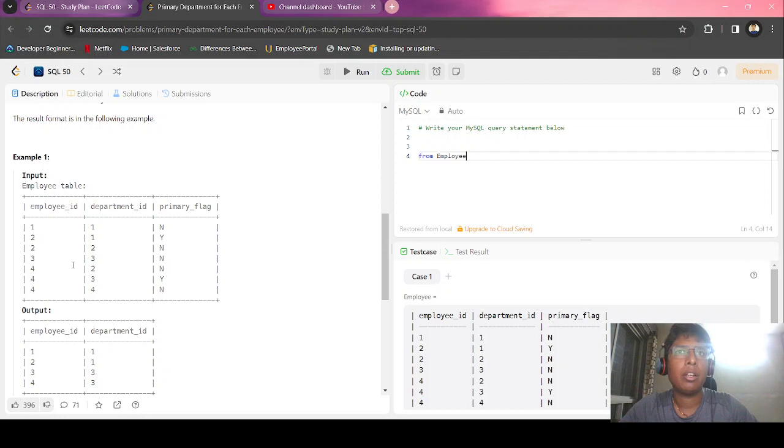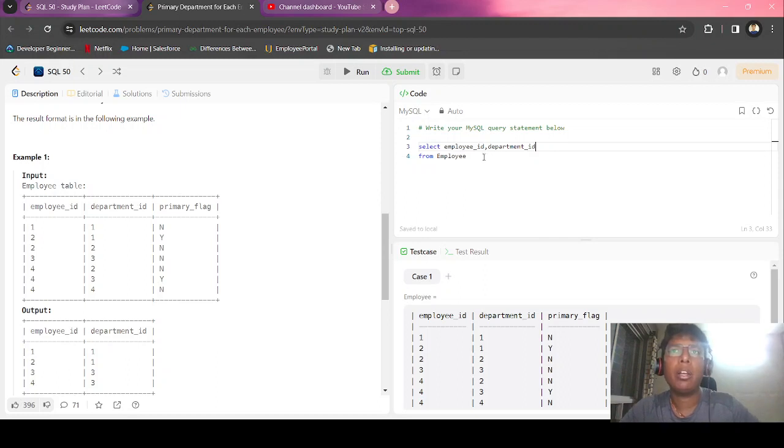We have to read from employee, and what we have to select is employee ID, comma, department ID. These are the two columns that we want in our output, right? Employee ID and department ID.